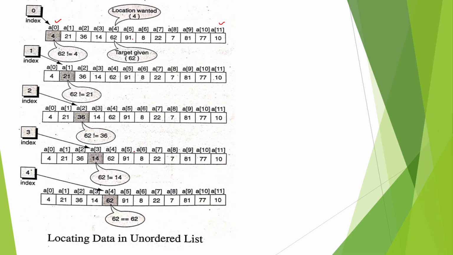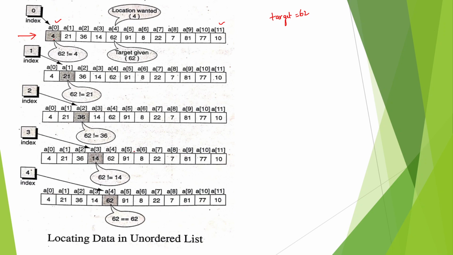In the first attempt we are looking for target 62. Let us assume our target is 62. So what we do, as I said, we always start the searching process from the beginning of the list. So this is the point.